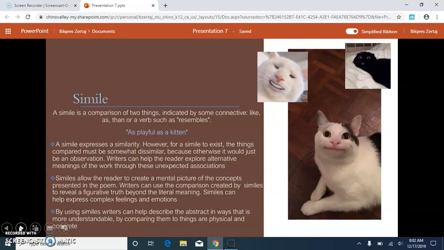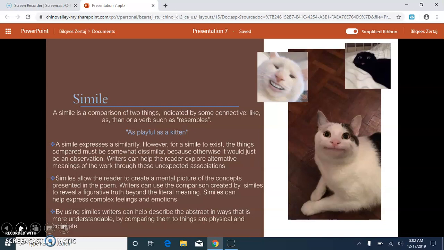Simile. It is a comparison of two things indicated by some connective, like, as, than, or verbs such as resembles. "As playful as a kitten" is an example of a simile. A simile expresses a similarity. However, for a simile to exist, the things compared must be somewhat dissimilar, because otherwise it would just be an observation.